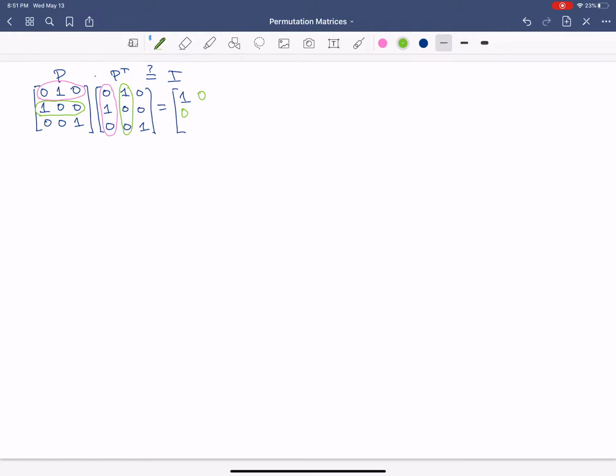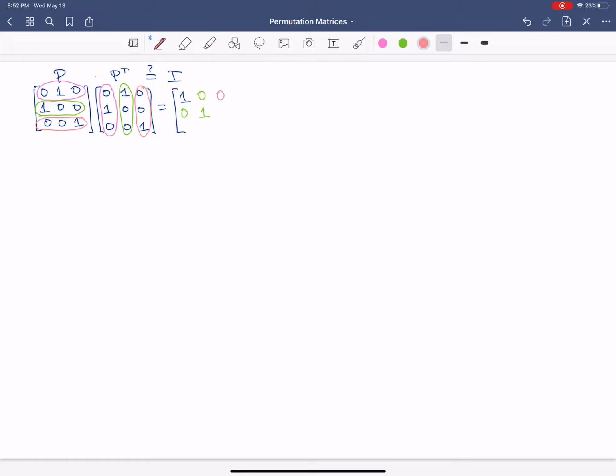What about, let's say, the third row and the third column? So I guess I should have continued here. The second row with the second column, when they meet, they give a 1. The second row and the third column, again, those ones miss each other, so we get a 0. Sorry, that was also true for the first row and the third column.